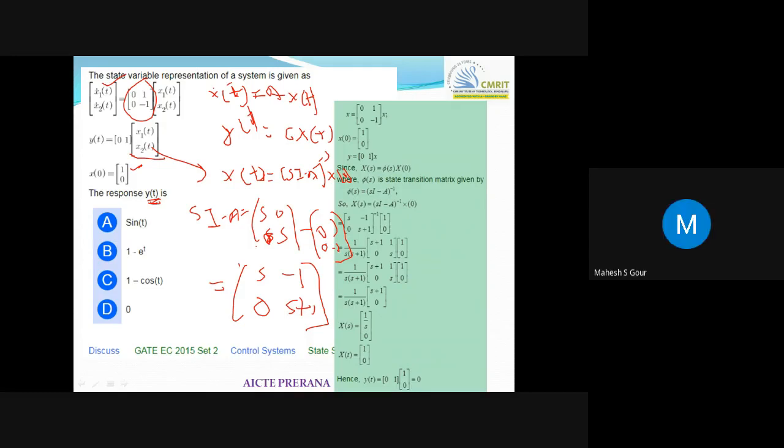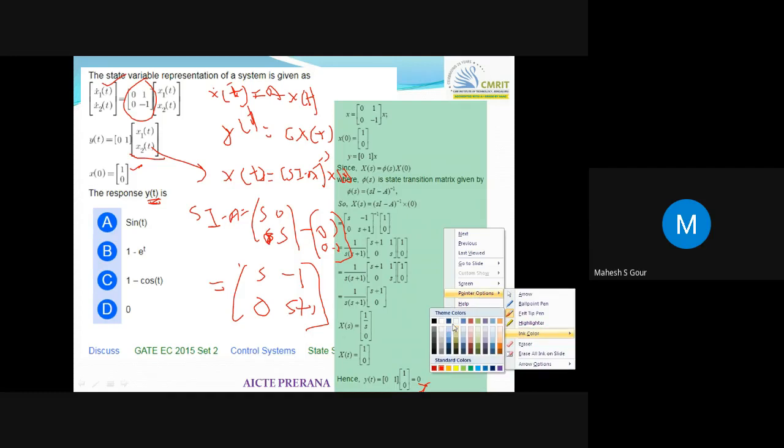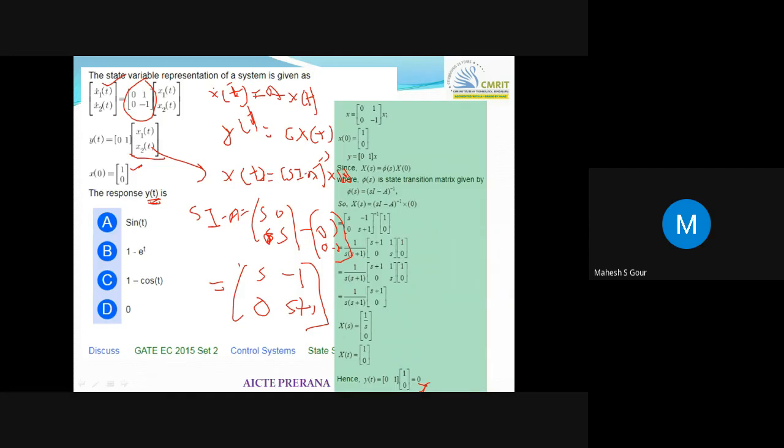Right? So can you find the inverse for this? What inverse will you be getting? This remains the same. This position I need to interchange to get the inverse. So when I write the inverse, this will become plus 1, and this will remain, and this will become plus.